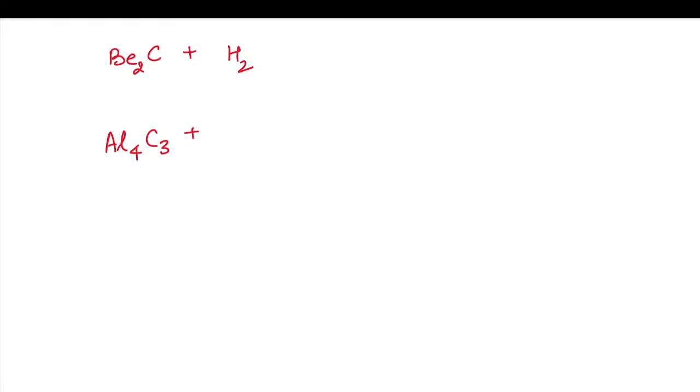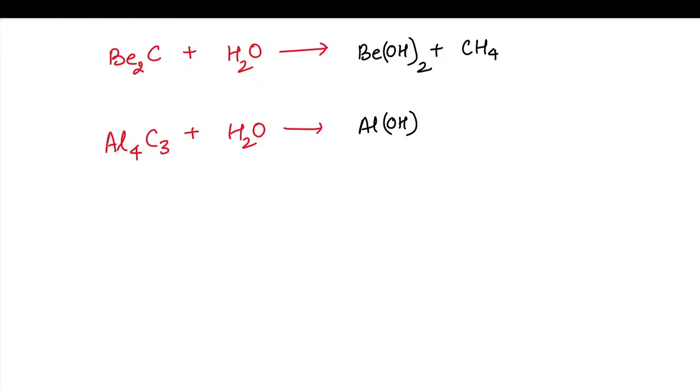So action of water on this, obviously beryllium 2 plus will get those OH negative ions to give Be(OH)2, along with methane. Here we get aluminium hydroxide along with methane.